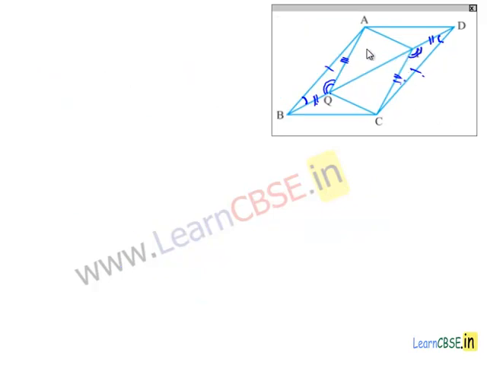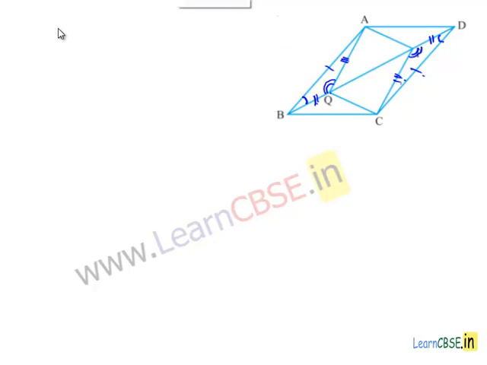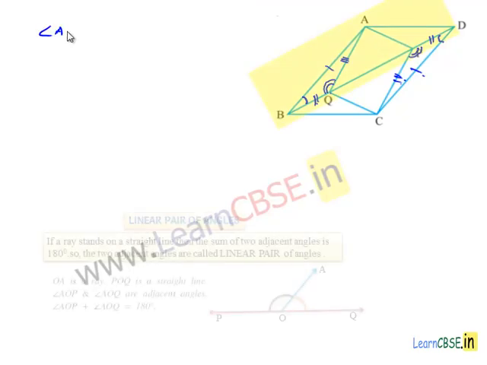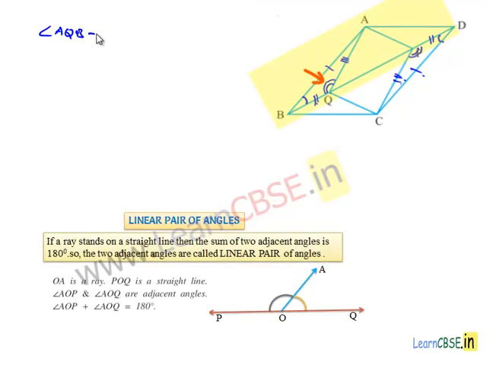Now if we consider line BQD, here angle AQB and angle AQP form a linear pair. So we know that the sum of angles on a linear pair is equal to 180 degrees. We can say angle AQB plus angle AQP is equal to 180 degrees.